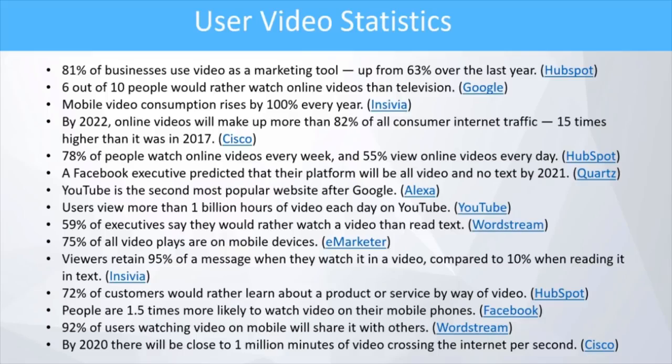What a marketing strategy. You just get somebody to watch your video, and 92% of those people are going to share it, and you've just doubled your audience. By 2020, that's just next year, that's only in a few months, there will be close to 1 million minutes of video crossing the internet per second.